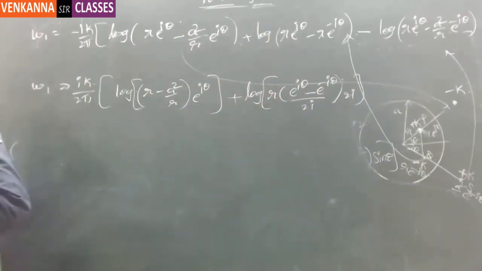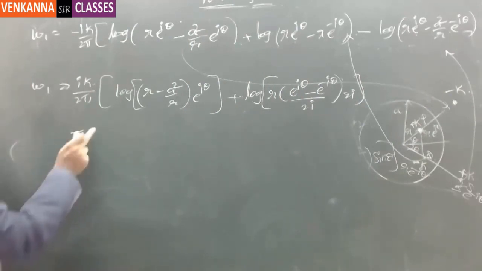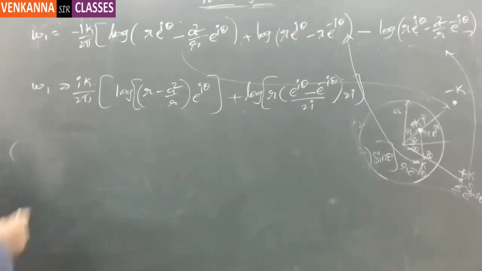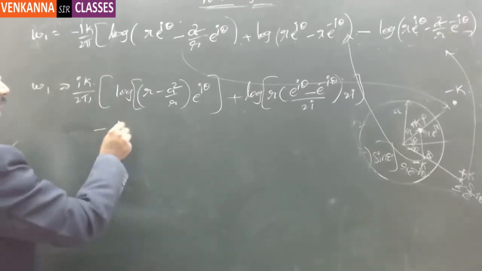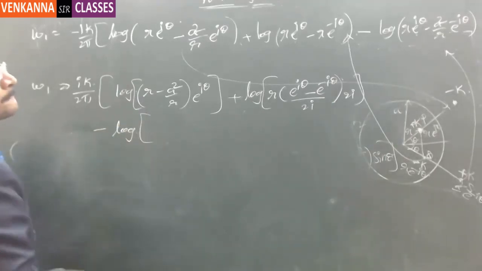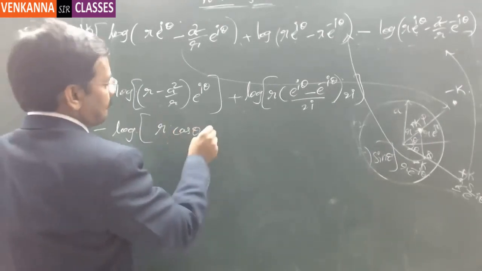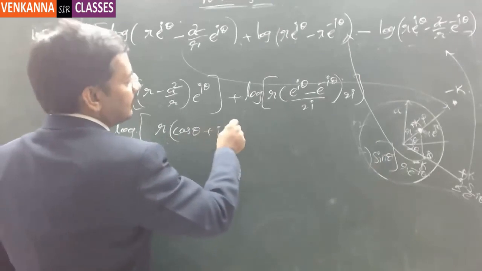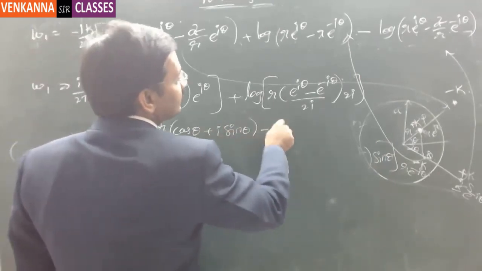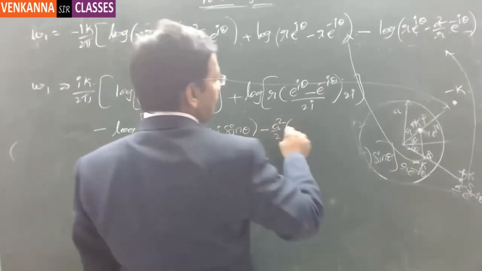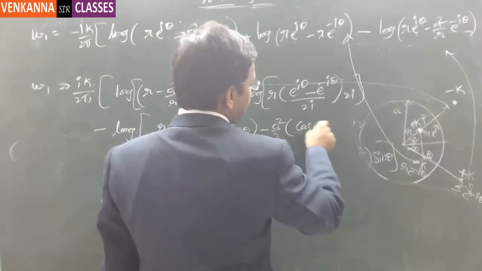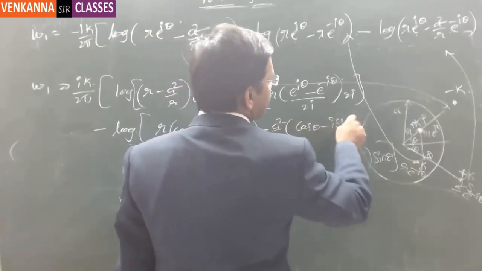Now that is minus log of R cos theta plus i sin theta minus a square by R cos theta minus i sin theta.